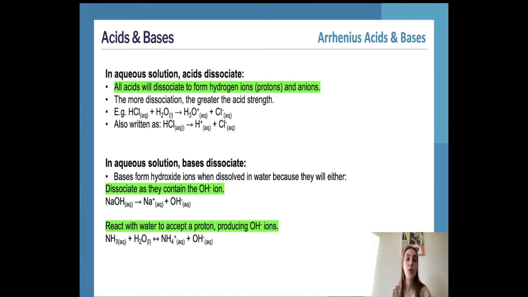So acids will form H3O+, or H+, and then we'll have left behind the chloride ion. This can also be written as HCl dissociates into H+ and Cl-. This is just showing that it has full dissociation because it is a strong acid.